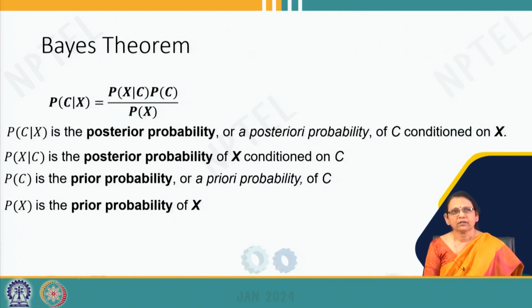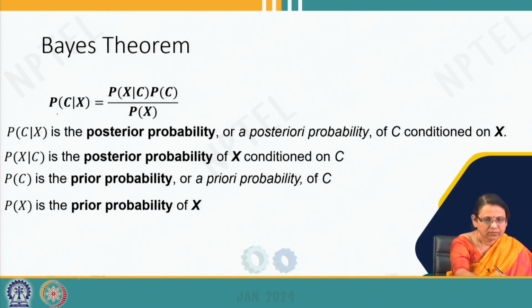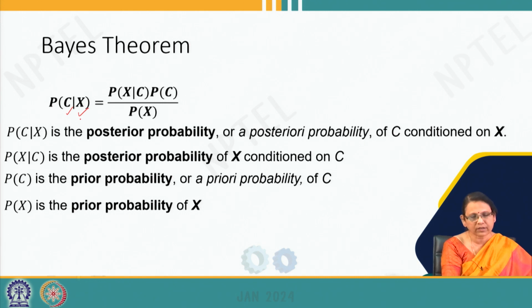Bayes theorem is the basis for all these Bayesian classifiers, so let us have a review of this Bayes rule. Here we have the probability of a class given a tuple, where X is the tuple.